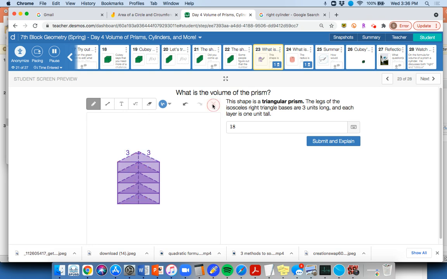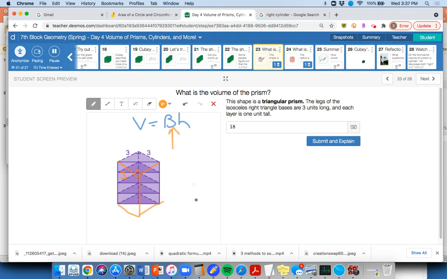So I just did this with 7th block earlier too. Check it out here. How do I get this? V equals base area times height. So this is what I said in class, and hopefully you're paying attention and getting this. This here would be exactly half as much as a prism that would have a 3 by 3 type base to it. If we picture this, this volume should be just half as much.